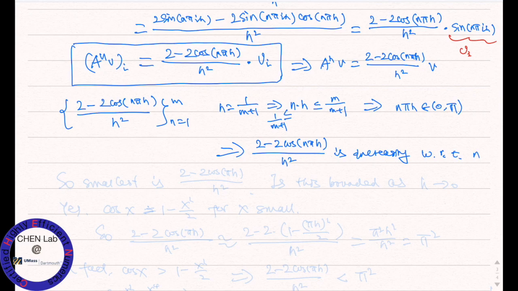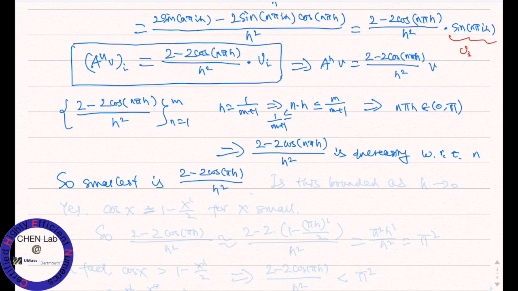It's increasing. So again, we want to figure out the smallest, because we're talking about the inverse. The smallest is when we take n to be 1. It's 2 minus 2 cosine pi h divided by h squared.